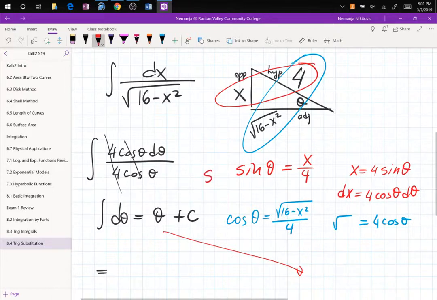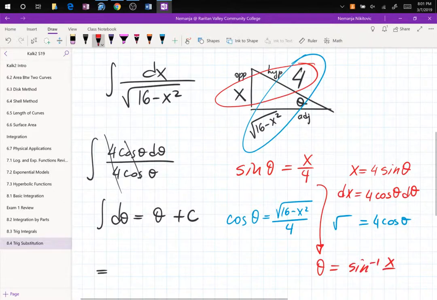When you apply inverse sine to both sides, you get that theta equals inverse sine of x over 4. Good effort. So sine inverse of x over 4 plus c, and you're done.